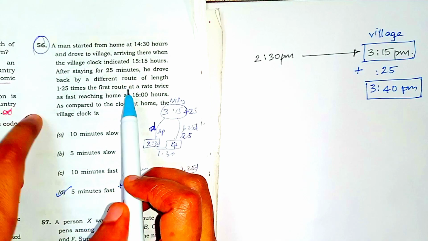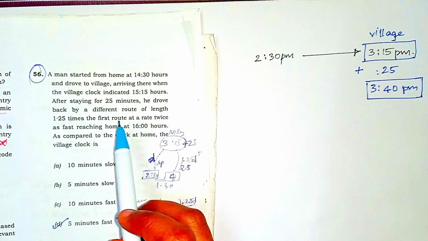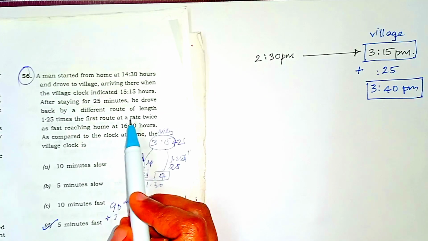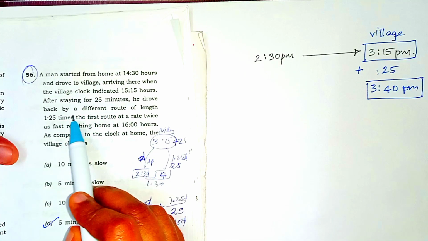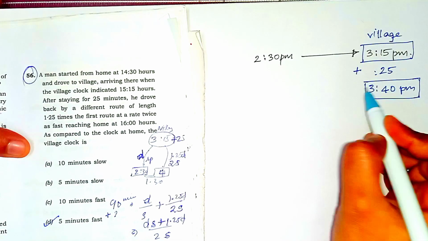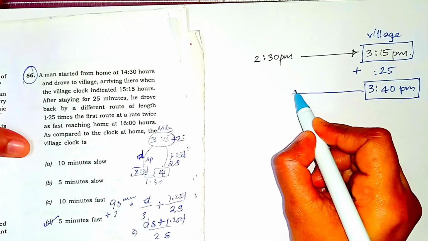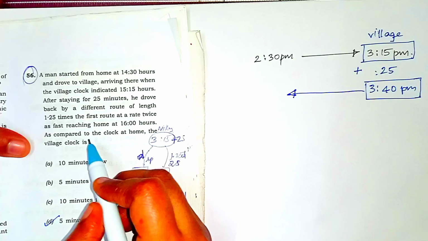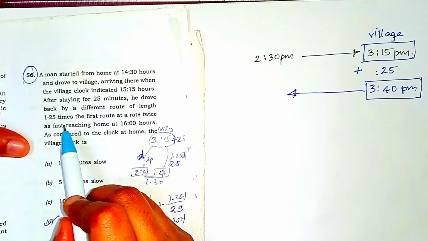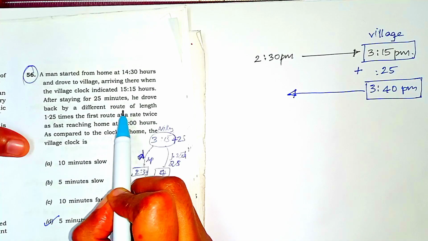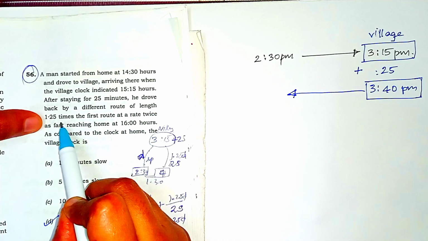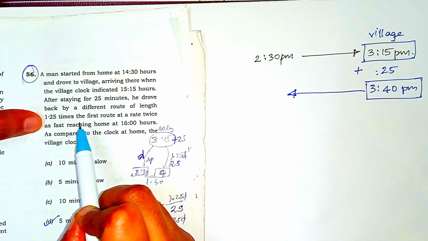So then what is the question stating? That after staying for 25 minutes he drove back by a different route. So this is not the same route. He's coming to his home in a different route, which is giving more information, that the route is of length 1.25 times the first route.